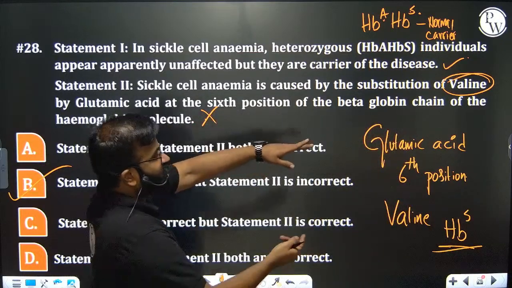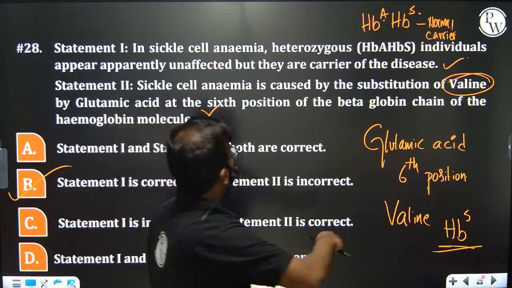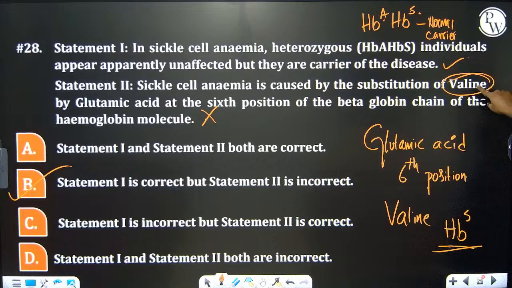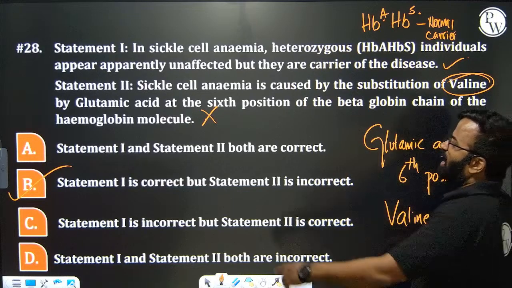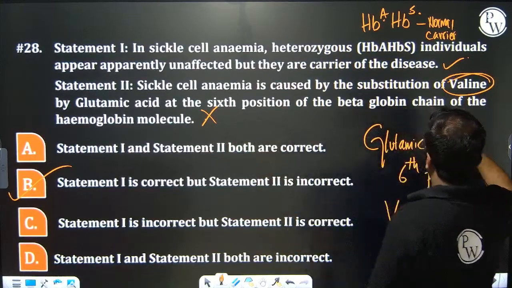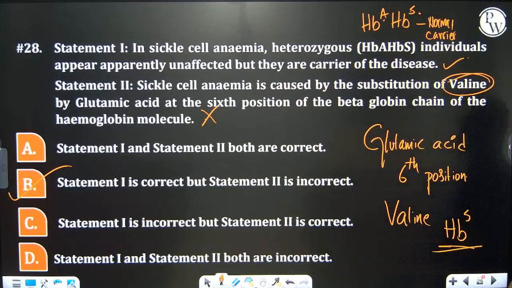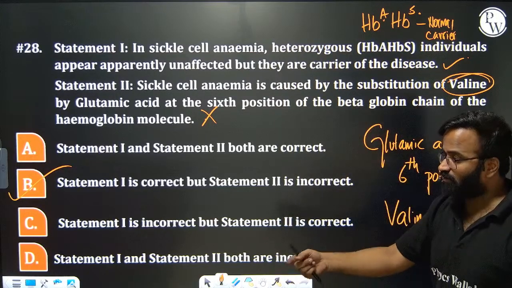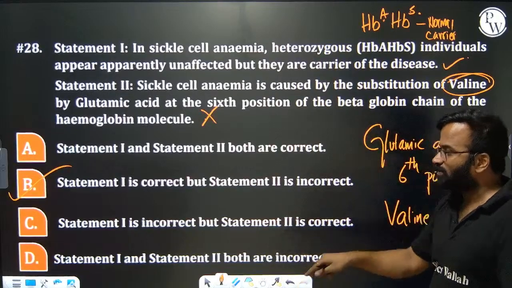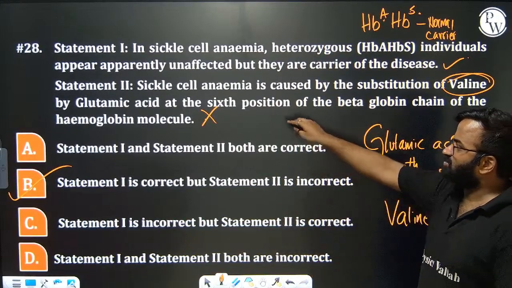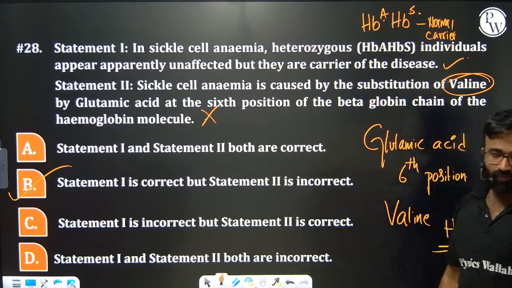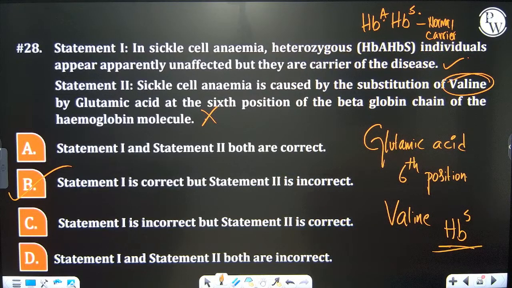But it is given the other way around. Valine is not substituted; glutamic acid is substituted by valine. So the second statement is incorrect and statement 1 is right. So I would go with B as the answer.